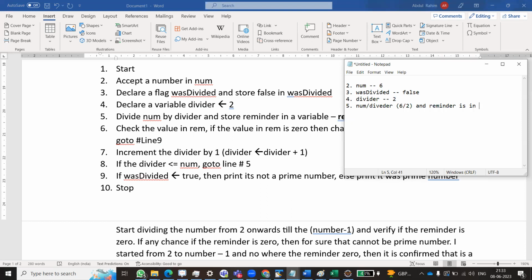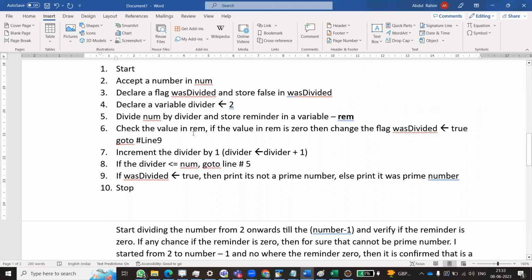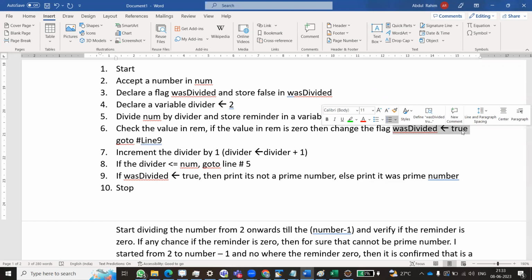Sir, if the remainder is equal to num, then again the flag will become 0, right? Yes. Okay.